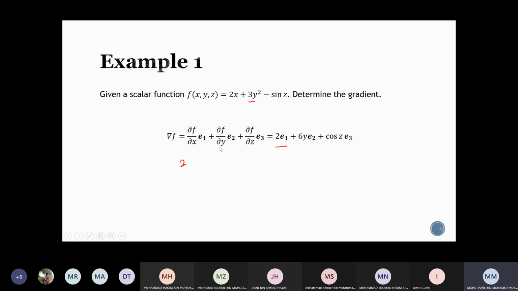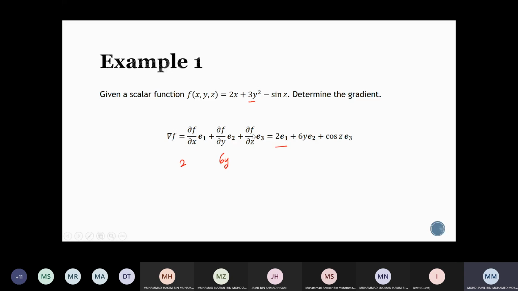And the second one, del f del y e2, so you differentiate f with respect to y. Again, 2x is a constant. 3y squared, you get 6y. Minus sine z is a constant, so 0.